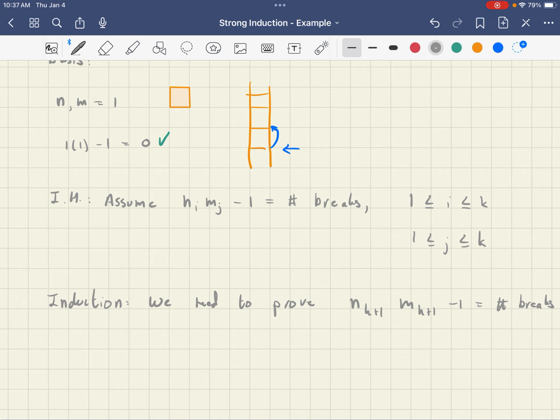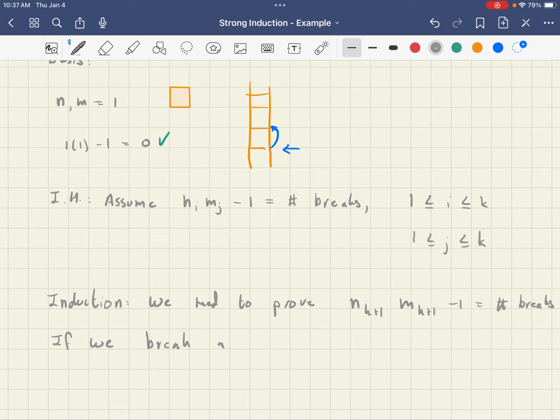So how do we do that? Well, let's just do some good old-fashioned reasoning. So if we break an n k plus 1 times m k plus 1 bar into two different pieces, we'll get two new bars.